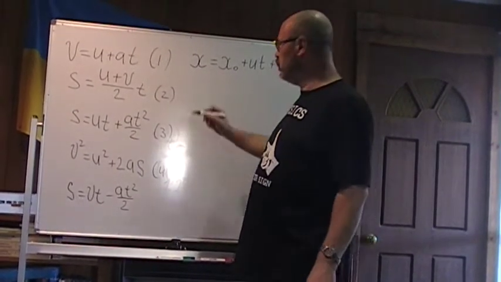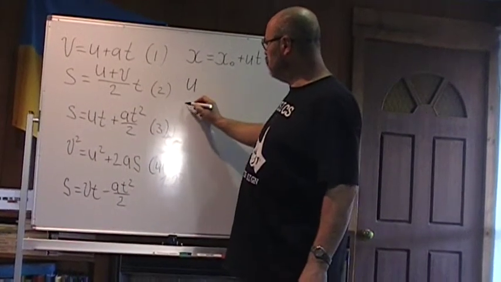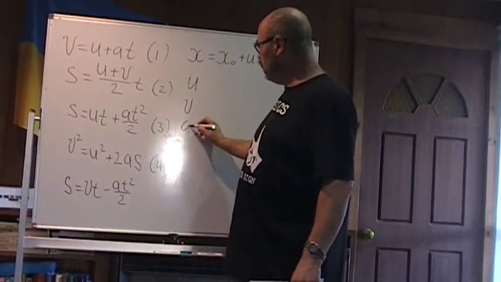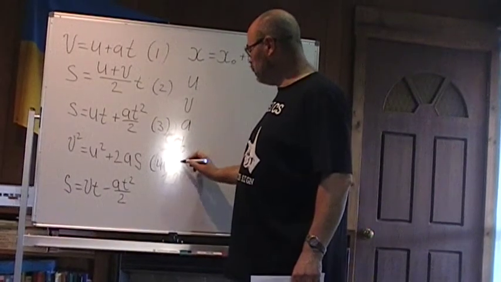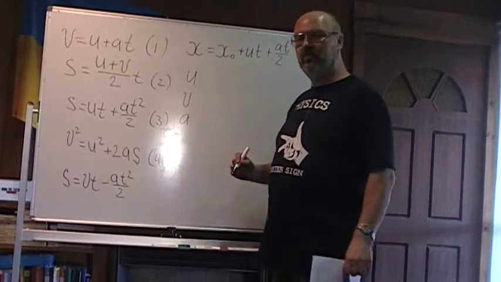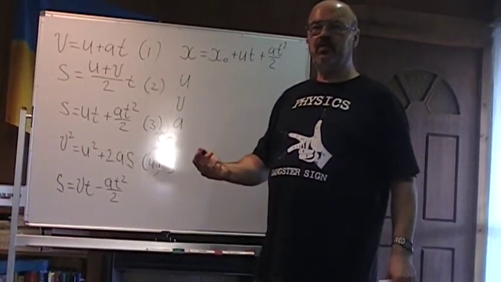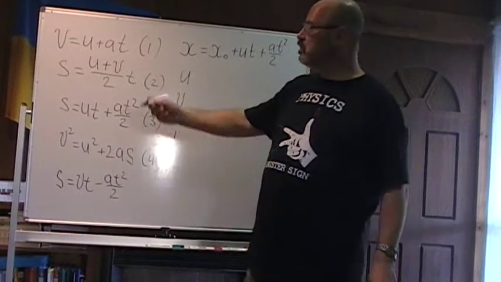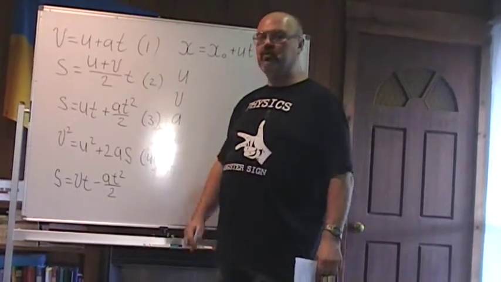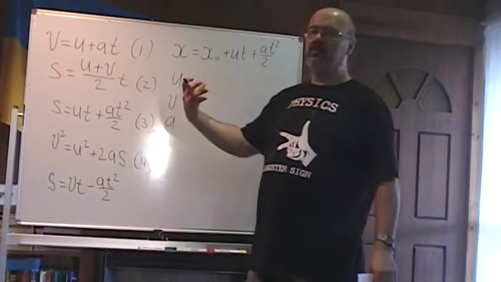Altogether we have 5 variables describing motion with uniform acceleration: initial velocity, final velocity, acceleration, time, and displacement. Each of those formulas has 4 of them. Usually in the problem that we need to solve, we have 3 of them known, and we just need to identify which formula connects 3 known values with 1 unknown.